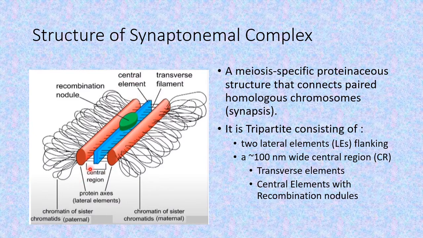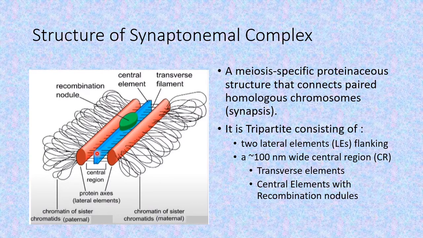This central region is made up of two parts. The main thing is the transverse elements, these proteinaceous thread-like structures which join or connect these two lateral elements. They are known as the transverse elements. And this central element provides support to these transverse elements.